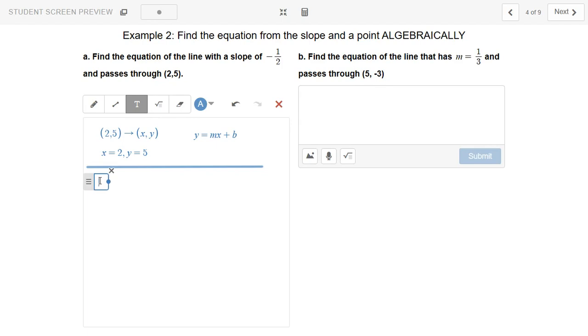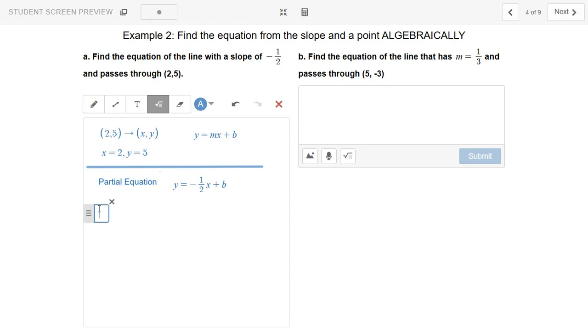And so we won't be able to find the complete equation. As a partial equation, we could say that y = -1/2 x + b. We got that because we substituted the m that was given into our equation.